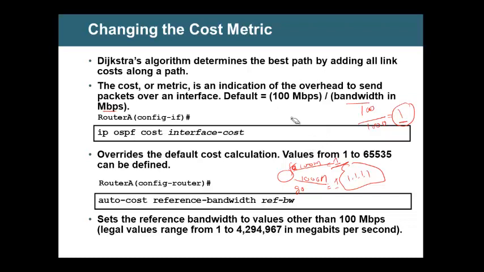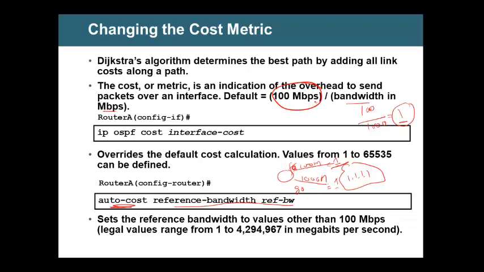What we need to do is, whenever you have gig Ethernet or something bigger than fast Ethernet, you have to use the command auto-cost reference-bandwidth to change this numerator value.